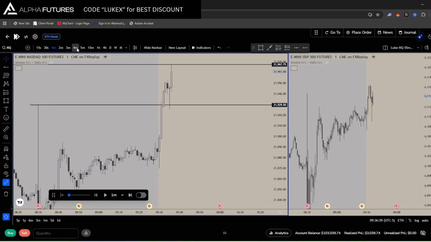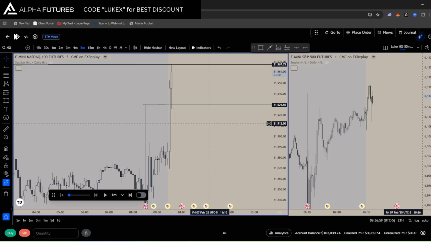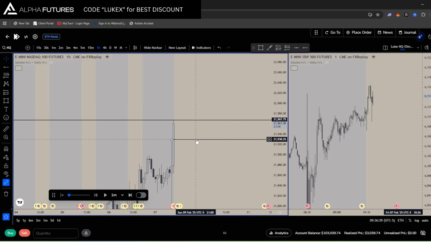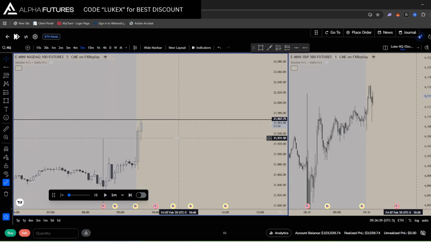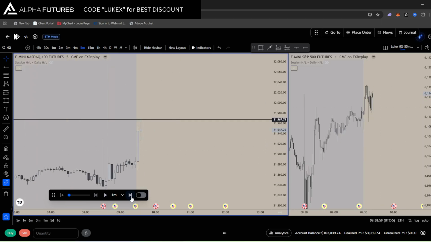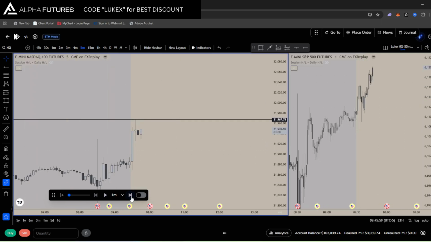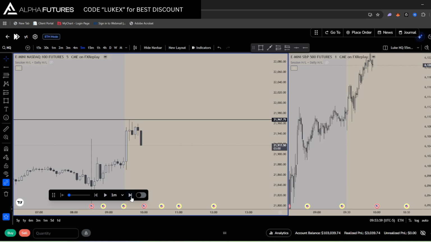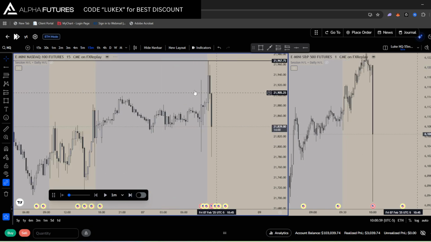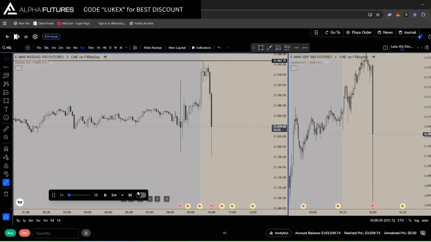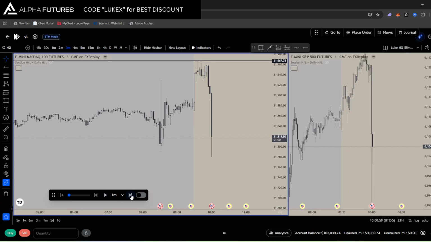Oh, I just completely missed that. There's no entry there. That's fine though. Now I really want to watch the 5-minute. See if we can come back into that 5-minute gap, or trade through it. Okay, so now we trade through the gap. Let's see if we can get a continuation now lower.